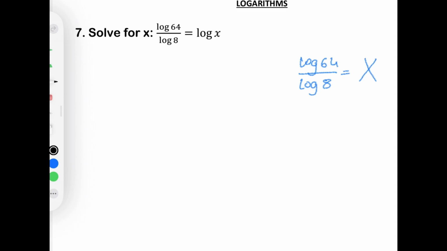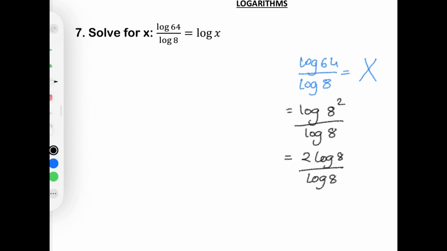We know that 64 is a square of 8. So this can be written as log of 8 squared in the numerator and log 8 as it is in the denominator. So this gives 2 times log 8 divided by log 8.